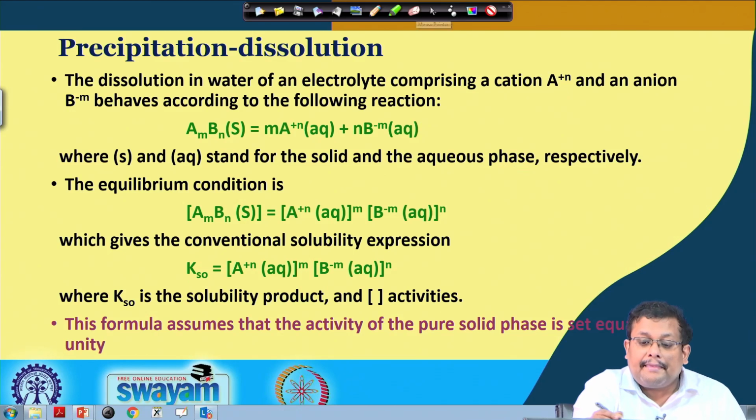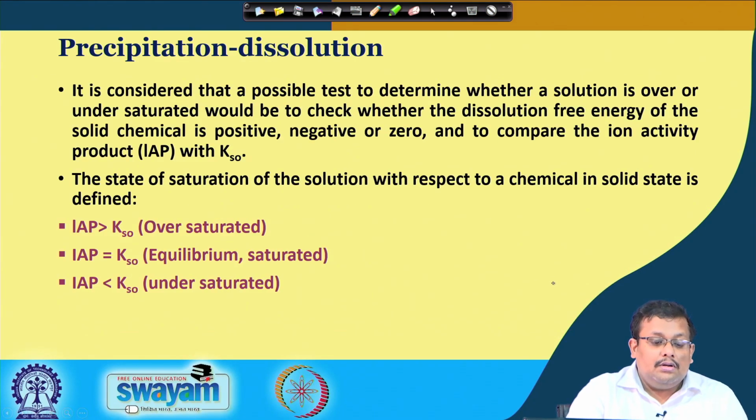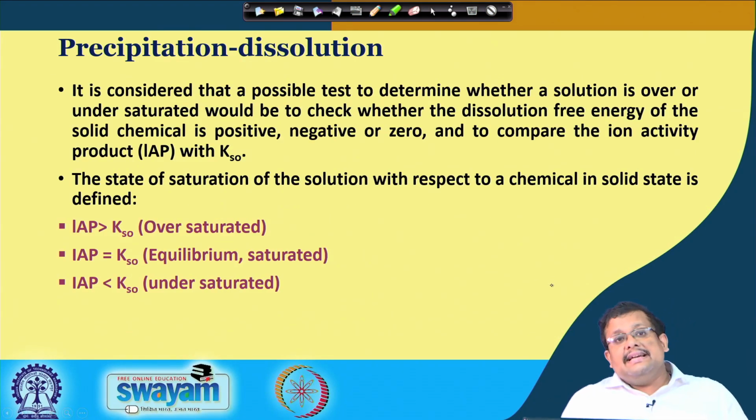So, it is considered that there is a possible test to determine whether a solution is over- or under-saturated. I told you that there will be precipitation only when there is over-saturation or supersaturation.